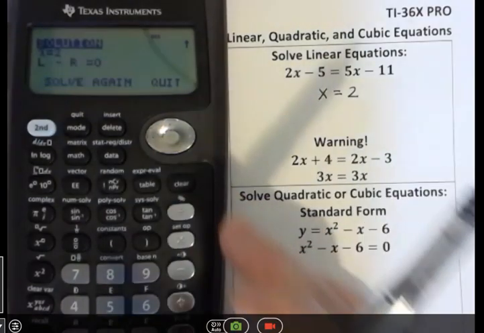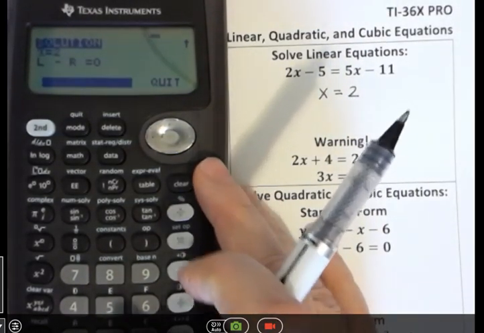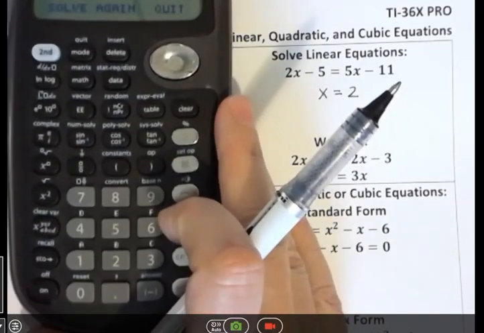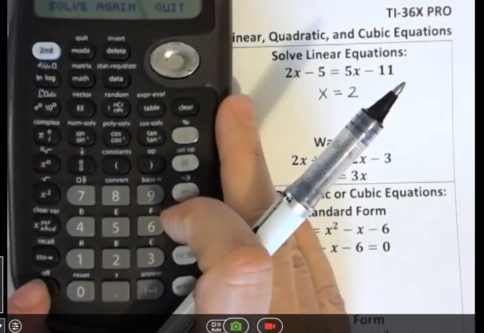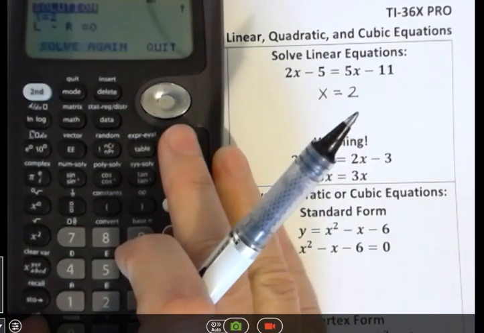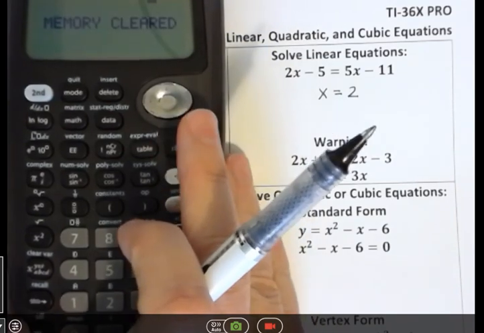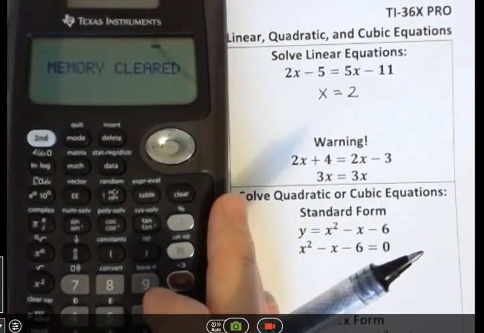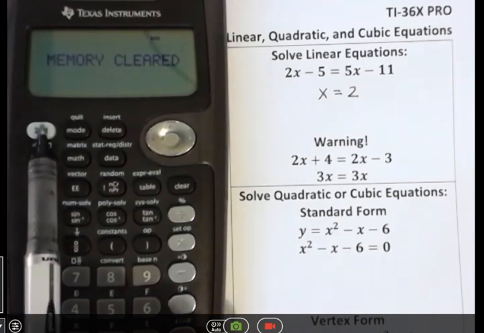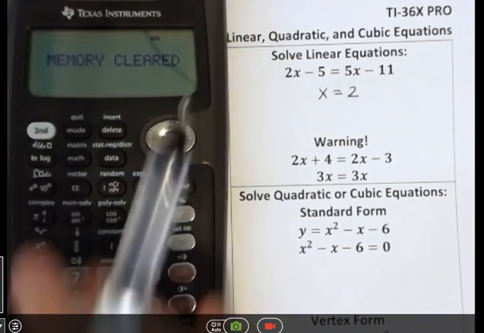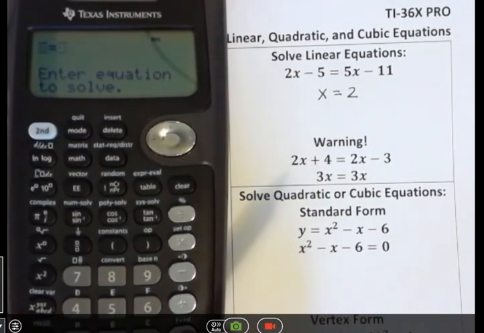Also, I want to remind you to clear this out because it stores values. In order to clear out, you're going to push the on button at the bottom and the clear button twice. And that just clears your memory. Then I can go back and do second function, the number solve, and enter the equation.